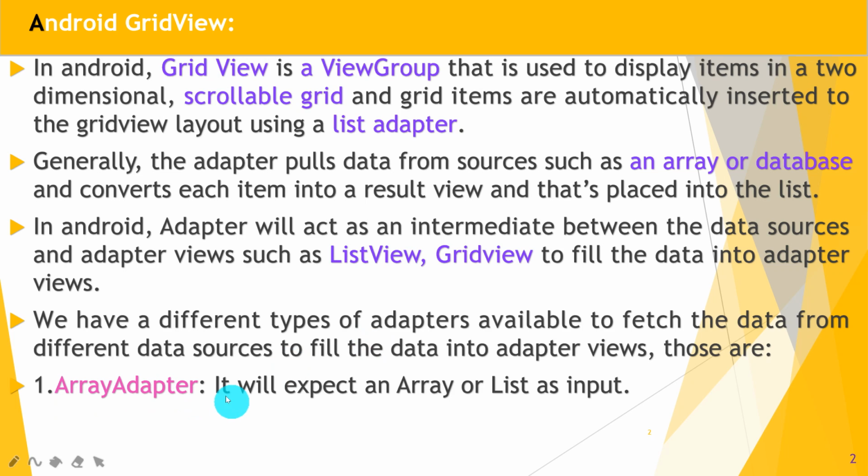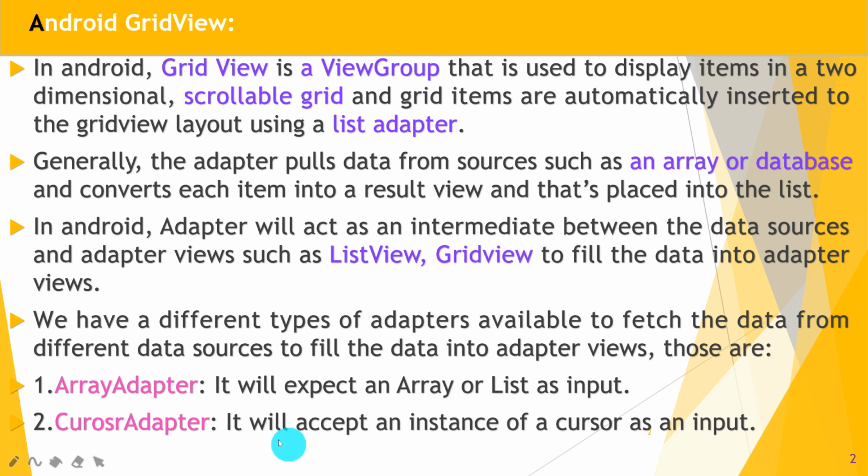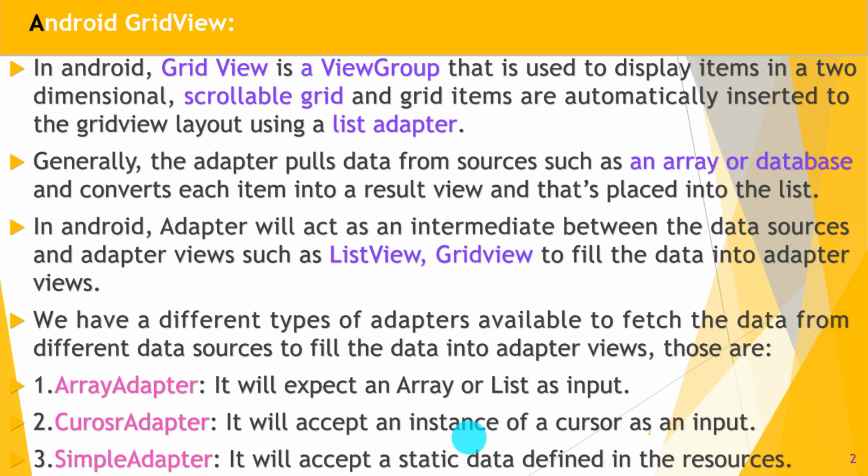It will expect an array or a list as input. Second, cursor adapter. It will accept an instance of a cursor as input. And third, simple adapter. It will accept static data defined in the resources. Guys, so these are the different types of adapters: array adapter, cursor adapter and simple adapter.